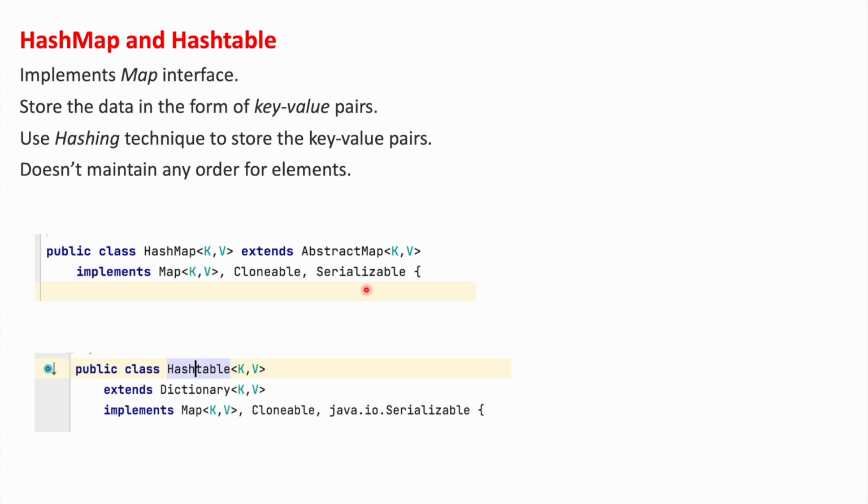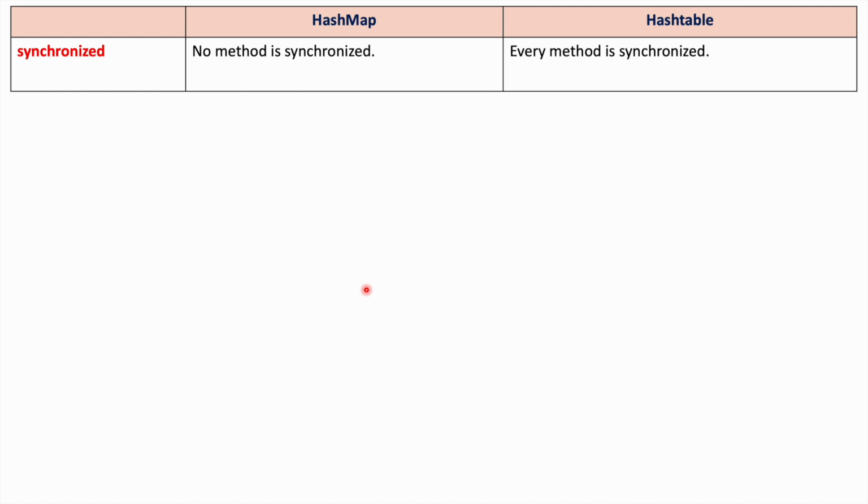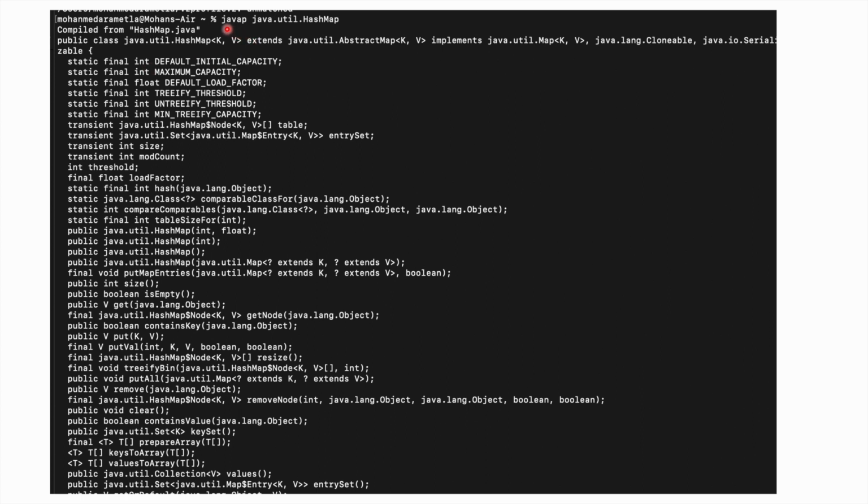Now we will see the main differences between HashMap and Hashtable. Synchronized: no method is synchronized in HashMap. Every method is synchronized in Hashtable. Here we are seeing the properties for HashMap. When you run the command javap java.util.HashMap, it gives all the properties related to HashMap.